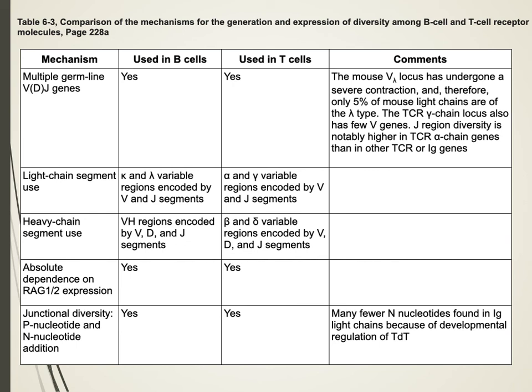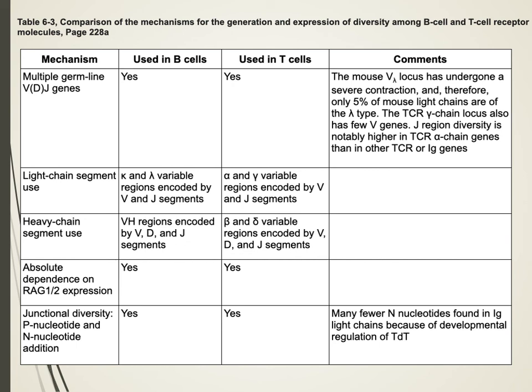When we look at the heavy chains, for B cells, we have a single heavy chain with V, D, and J segments. With T cells, we have beta and delta that have those V, D, J segments. For both B cells and T cells, we need to have Rag1 and Rag2 expression. And again, this is where if we have a knockout mouse, we can see how they cannot produce a B cell receptor or a T cell receptor.